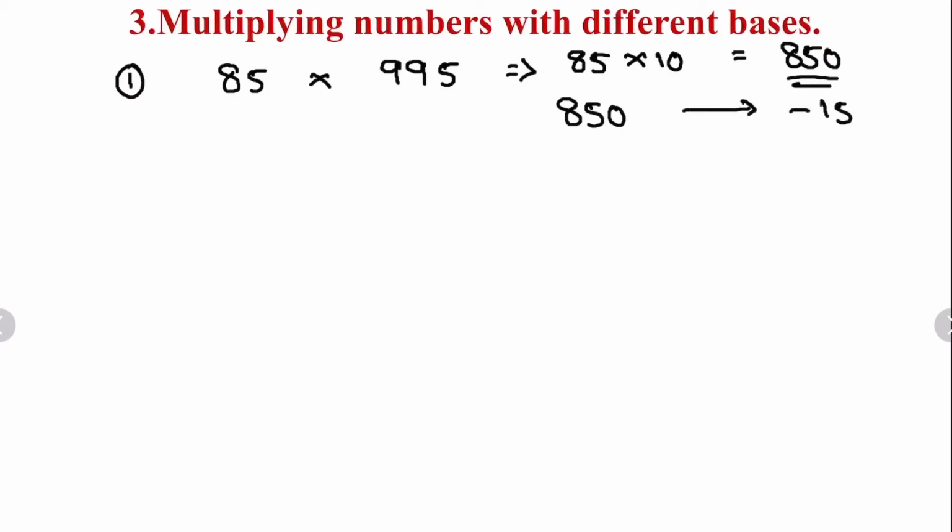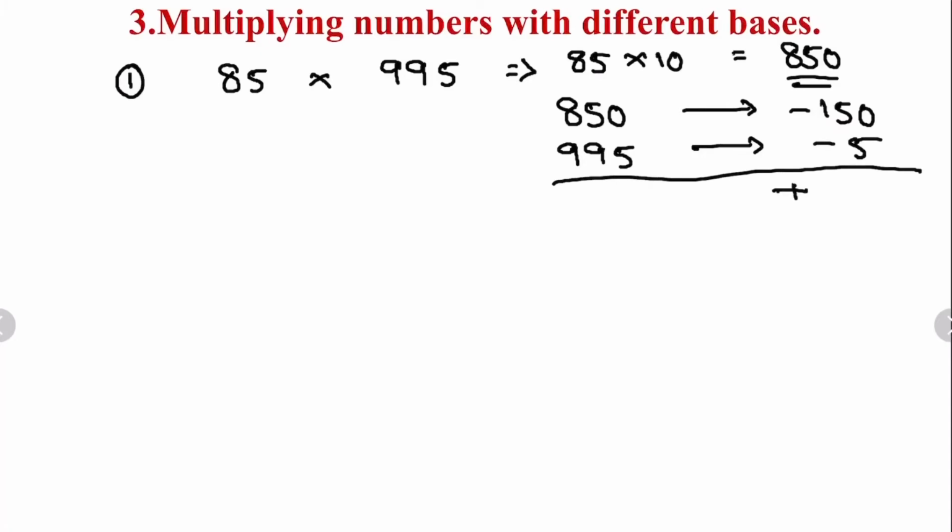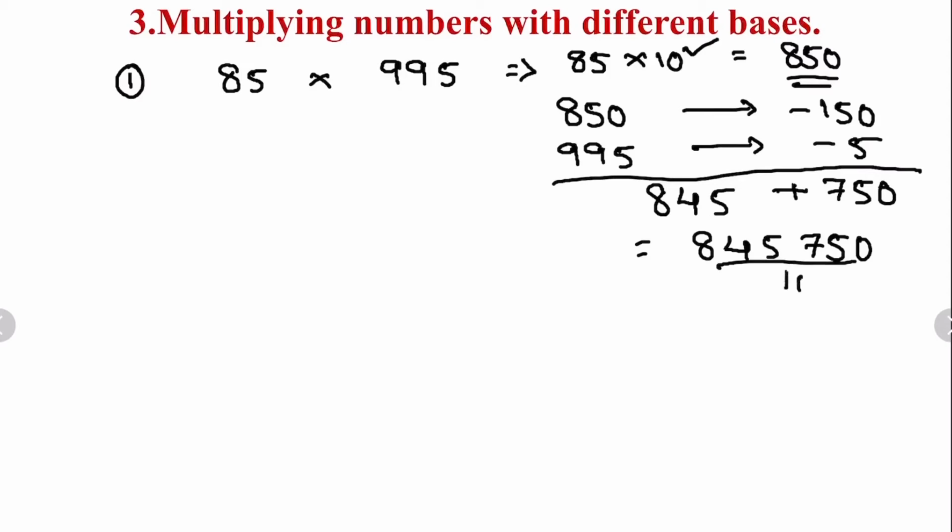Minus 150. 995, how much less than 1000? Minus 5. So minus into minus plus, 150 into 5 is 750, keep 0. So 850 minus 5, 845. So answer is 845750. And here we have multiplied with 10, then divide with 10. This will become 84575, the answer.